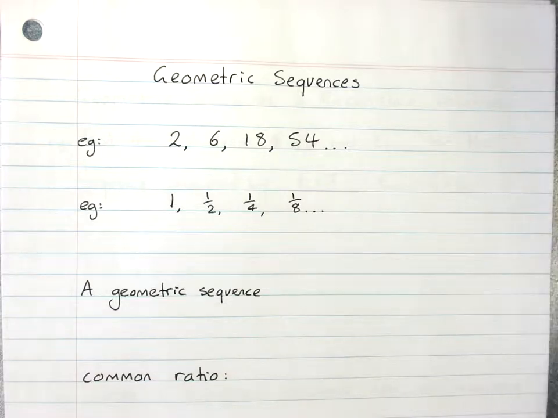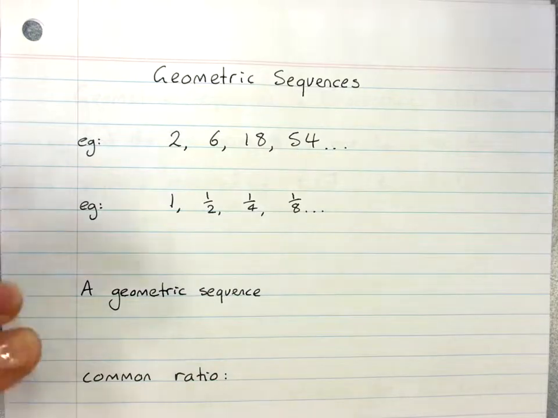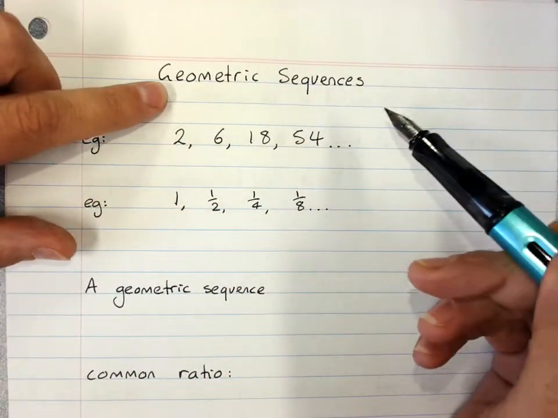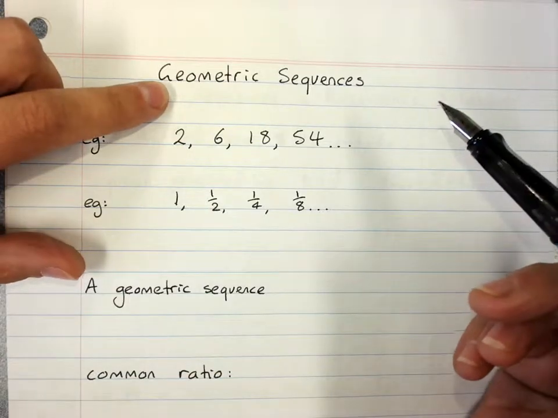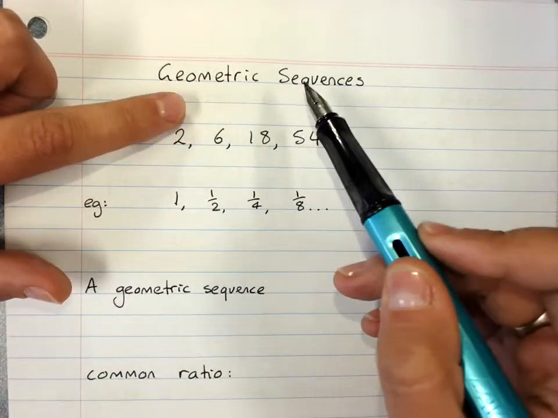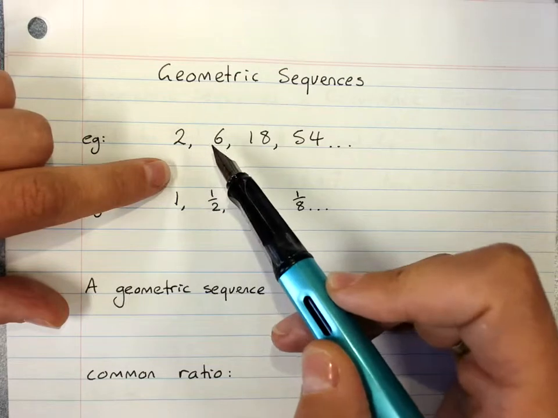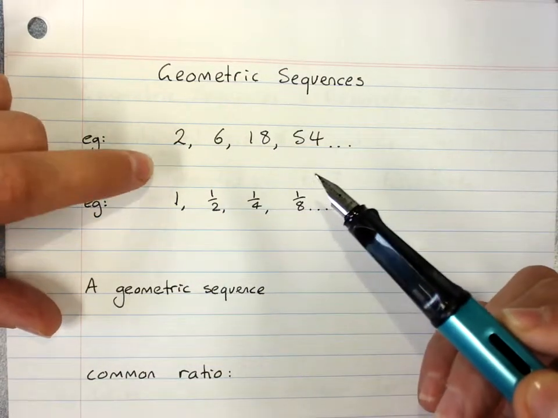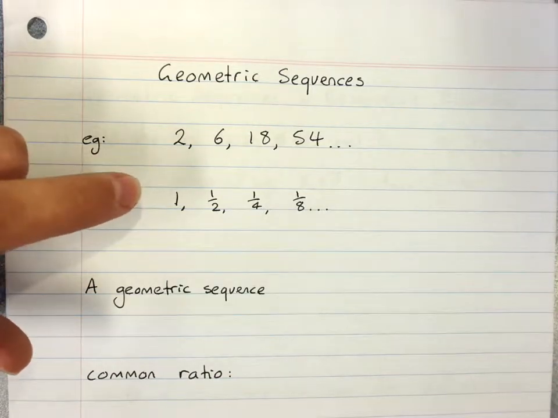Geometric sequences. We've previously looked at an arithmetic sequence where from one term to the next you're adding or subtracting the common difference. Geometric sequences, from one term to the next you are multiplying by a fixed amount called the common ratio.